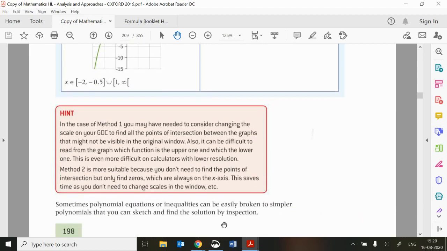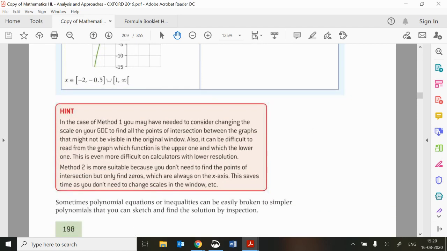Now, there's a nice little hint here in the book, and it just talks about the fact that if it's not clear on your graph, you might need to zoom in or zoom out. And if you go into your graph, if you analyze the graph, you go into the menu and you go to window and zoom, one of the things you can do is zoom and fit.